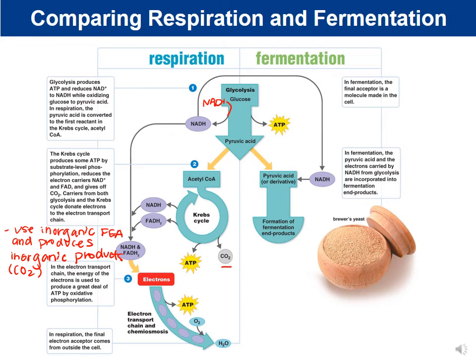Now, in order for respiration to continue, notice that glycolysis in the beginning, we need NAD plus to be able to take electrons during the process of glycolysis, right? NAD plus is going to pick up electrons and it's going to become NADH.